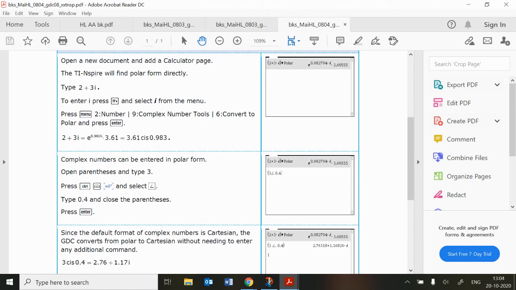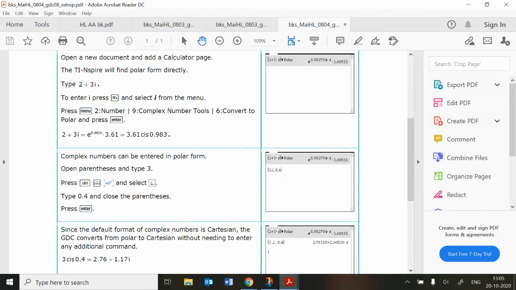If for example we want to put in 3 cis 0.4, so that's your polar form, we would put in 3 as the length of the vector, sorry, not the vector, the complex number. So put 3 as the size of the complex number in brackets, and then you need to go to control, and then there's a little key to the right hand side.